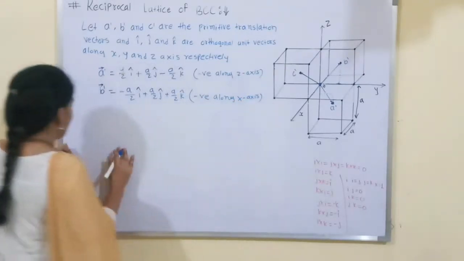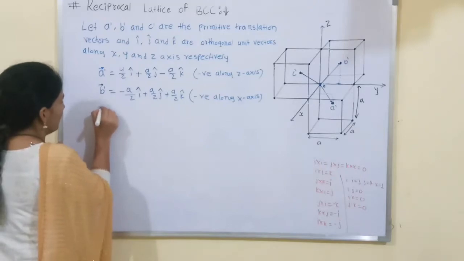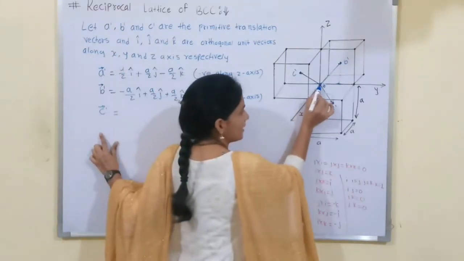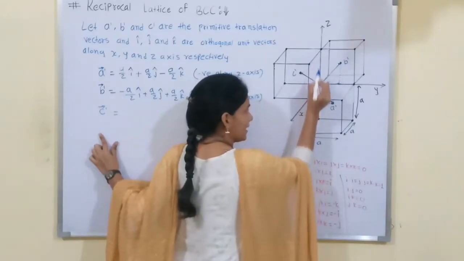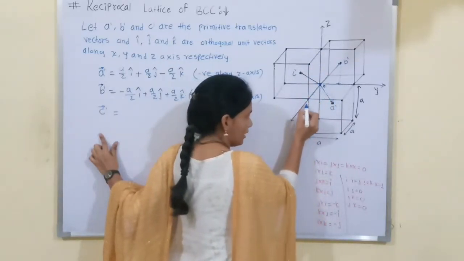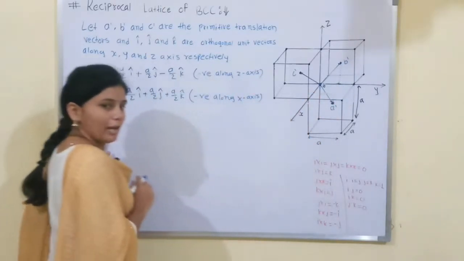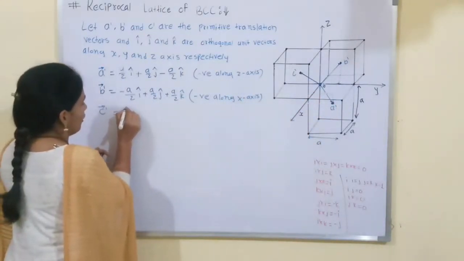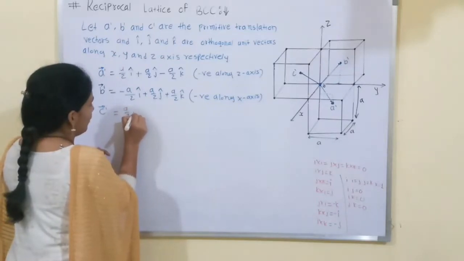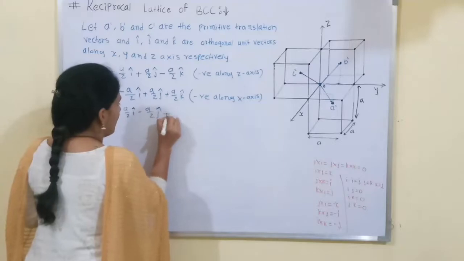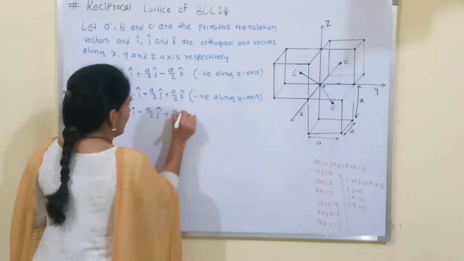And in this way we will write for the c dash vector. This is also positive along the z axis and positive along the x axis, but only negative along the y axis. So we can simply write here a by 2 i cap minus a by 2 j cap plus a by 2 k cap.